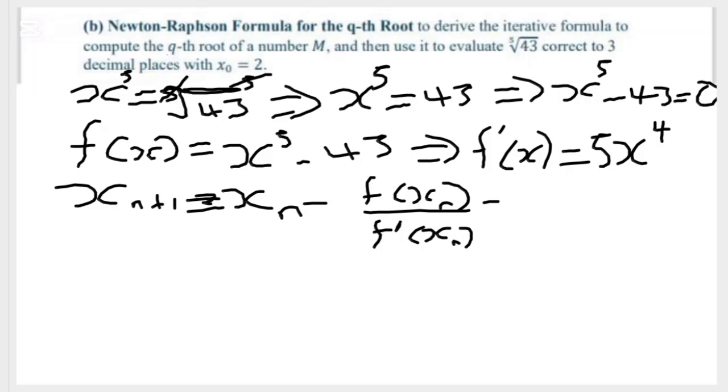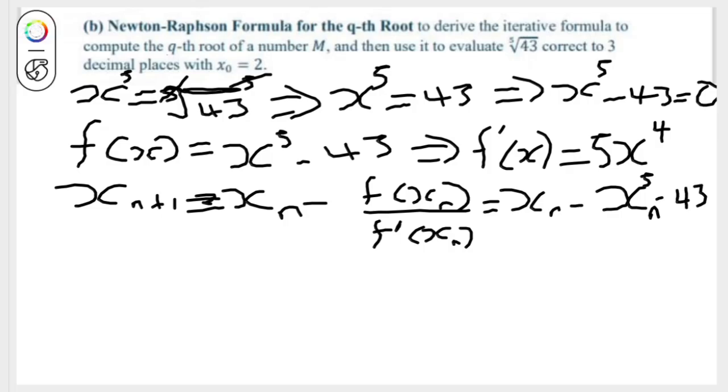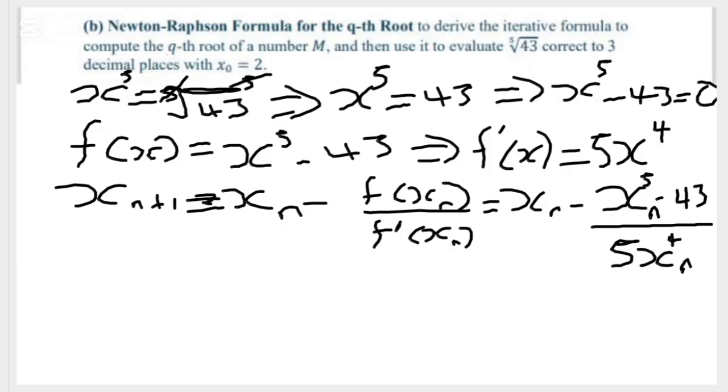And therefore this will now be equal to x of n minus f of x of n, which is x raised to the power of 5 minus 43, divided by the derivative that I differentiated, which is f prime of x, which is 5x to the power of 4, with subscript n.